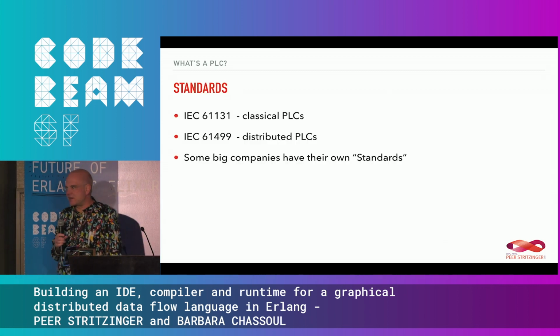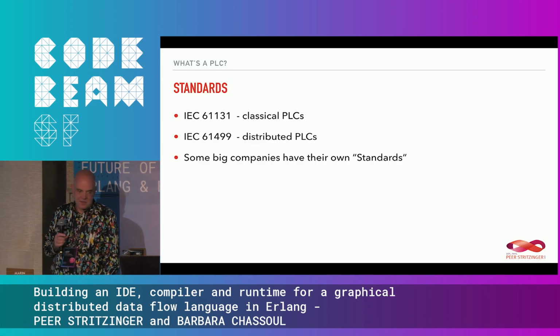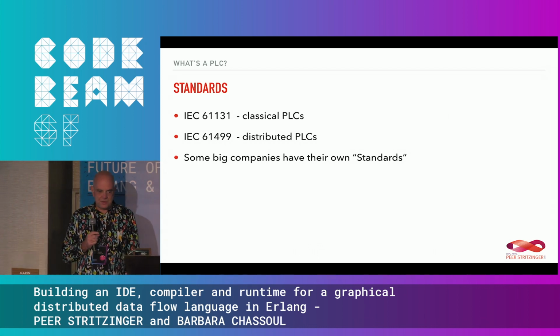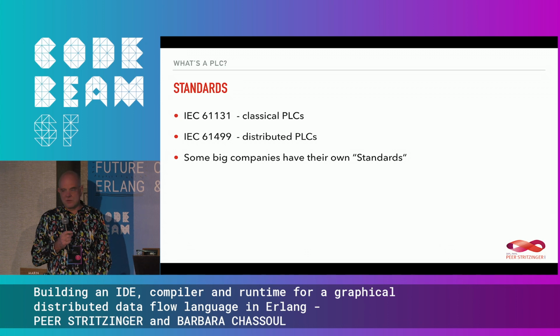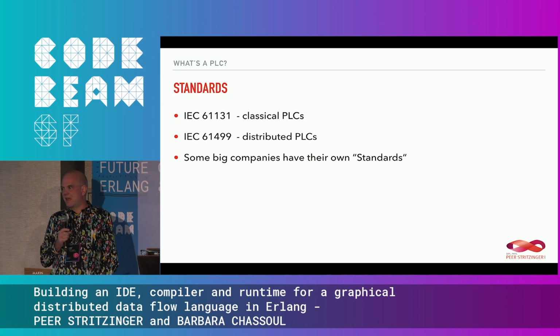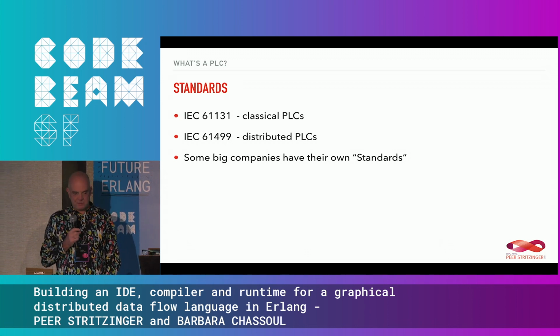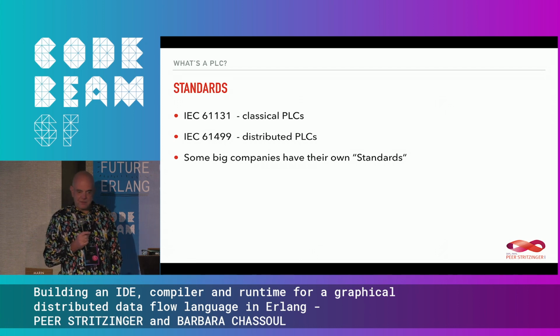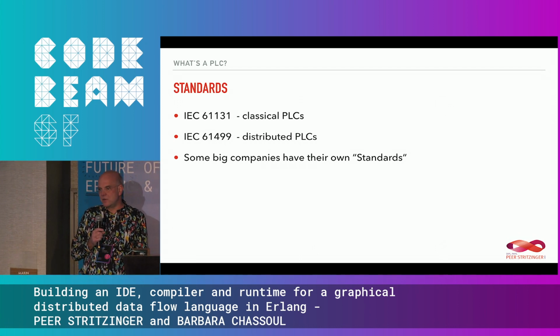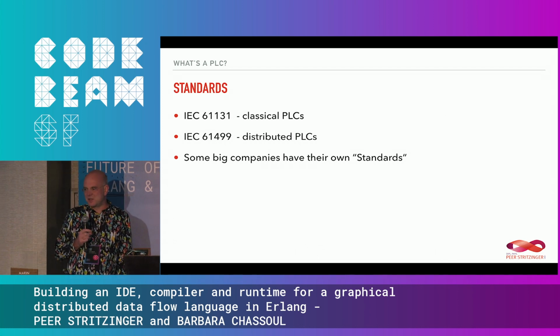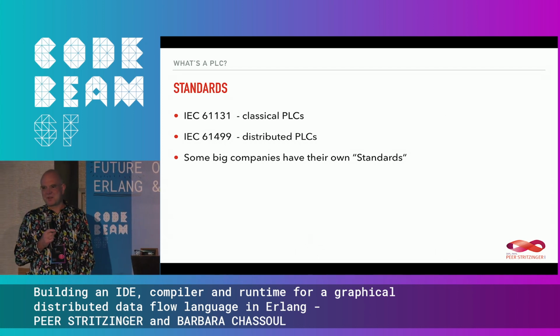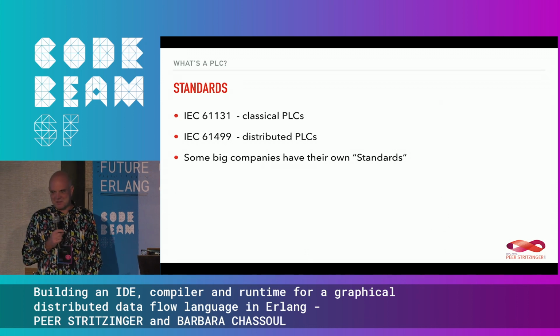So there are a few standards for these PLC languages. One is called IEC 61131. That's the classical PLC standard, and it includes a whole set of languages, graphical and non-graphical ones. And then there's a new standard, which means it's only 20 years old. It's brand new. It's not fully adopted yet, and that tells you something else about PLC programmers. They are very conservative.